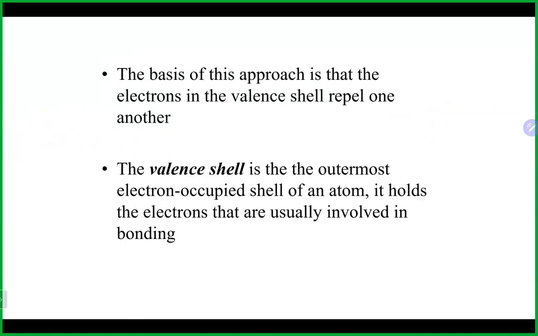The basis of this geometry is the idea that bonding all involves electrons, so at some point we're going to have electrons near each other. Since electrons are negatively charged, and two negative things near each other don't want to be near each other, they are going to repel one another. As these electrons try to move away from each other, bonded atoms also start to move, and it affects the geometry of the molecule.